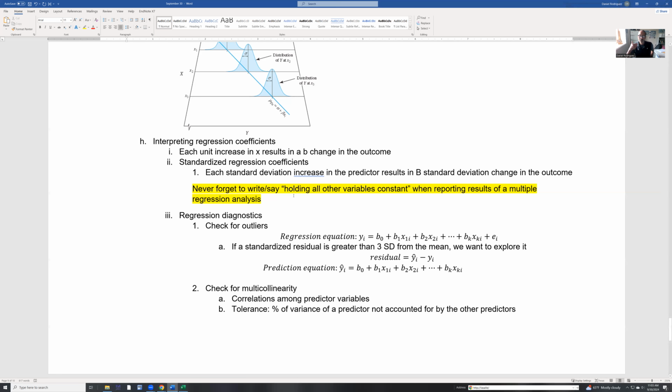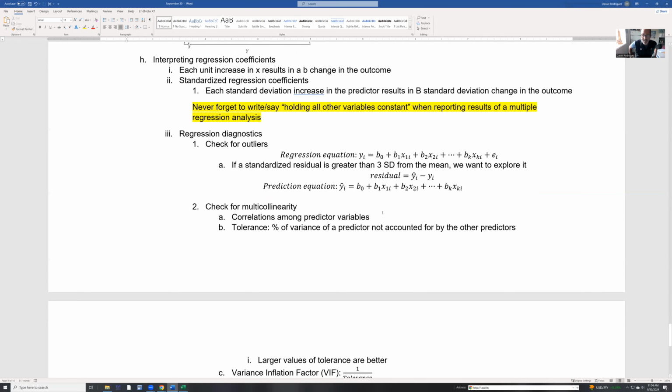Whenever I'm doing multiple regression and I talk about the effect of a predictor on an outcome, I'll write: each unit increase in X, whatever my variable is, results in a B change in the outcome, whatever my slope is, and then I'll add "holding all other variables constant." If there's only one other variable, you can name it. But if you have 3 or 4 other variables, just say holding all other variables constant. So you want to add that.